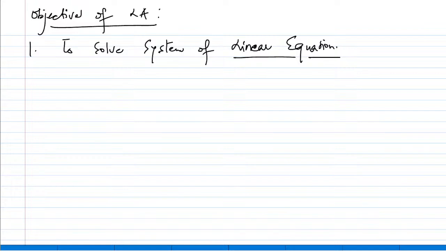To solve a system of linear equations, we go for linear algebra. A system of linear equations means there will be many equations. We are talking about m equations and n unknowns, right?